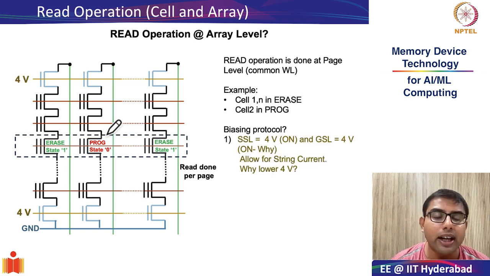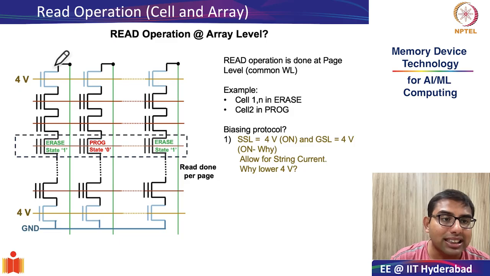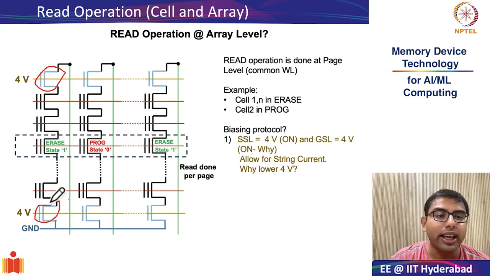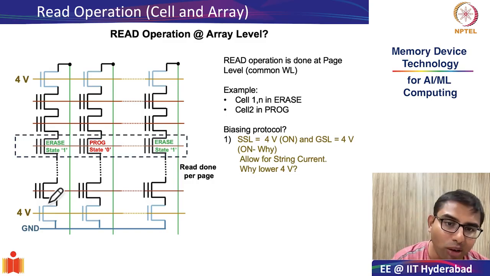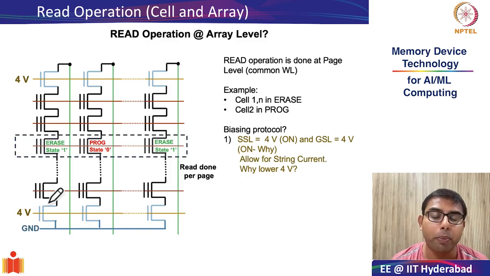So the first thing to understand is what would be the biasing of the transistors at the source select line and the ground select line. As we see, this is a major departure from what happened both at the erase operation and at the program operation.